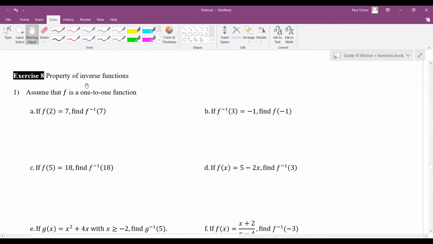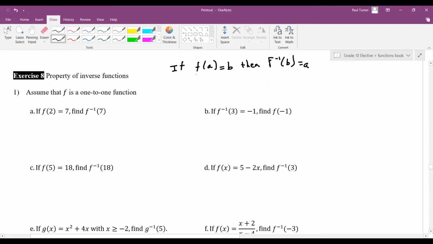Okay, so we wrote the rule down yesterday. So the rule is, we can write it as an if statement. So if f(a) equals b, then f inverse of b equals a. So in this case, we see how they're swapping.